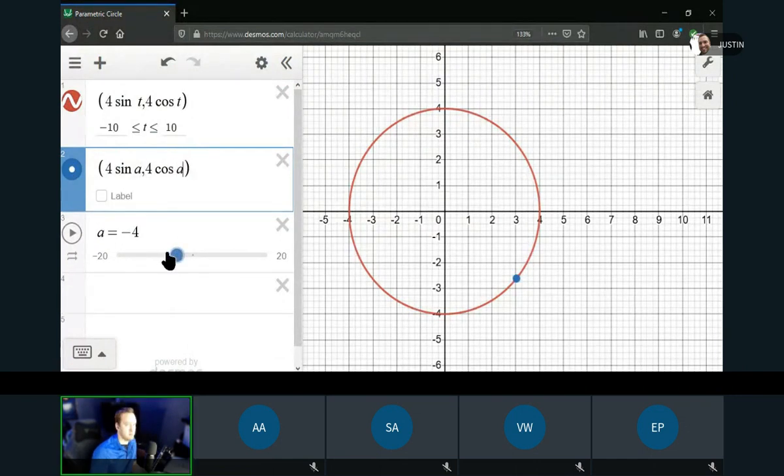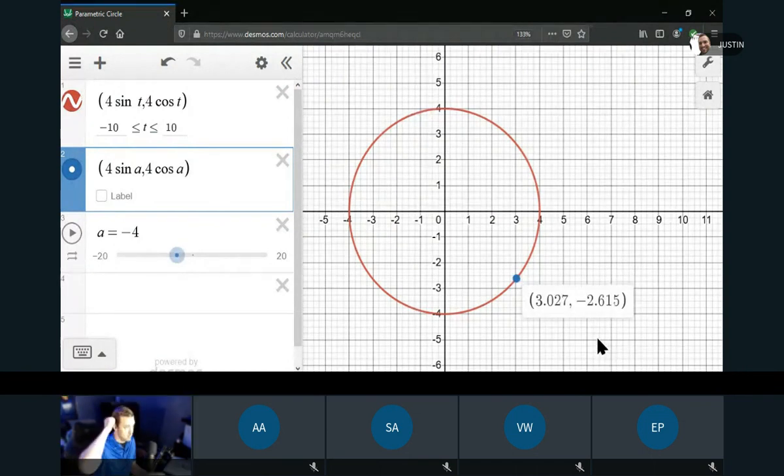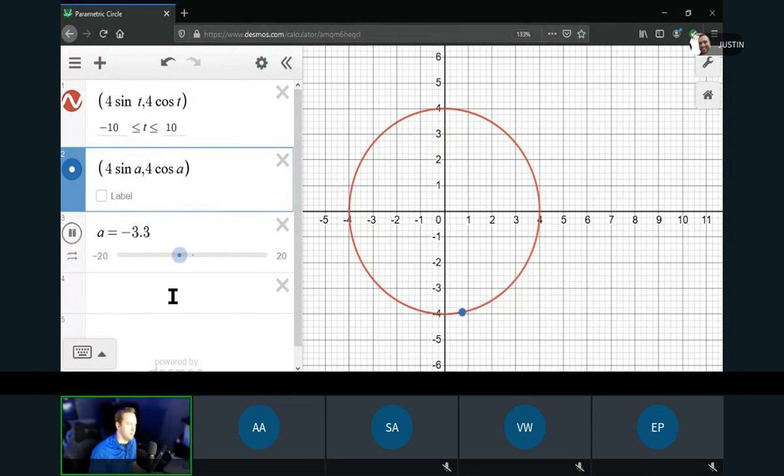So now, all of you should have got 3.027 for x of t when t is -4, and -2.6 for y of t when t is -4, right? Yeah, it's just your values backwards. And because they're backwards, the direction that's rotating is also the other direction.